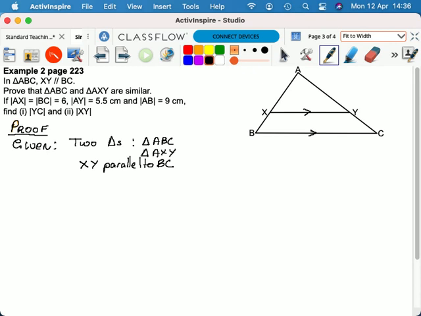What do we need to prove? So once we've done the given, we actually focus on what we need to prove. And what we need to prove is that the two triangles, triangle ABC, is similar to triangle AXY.